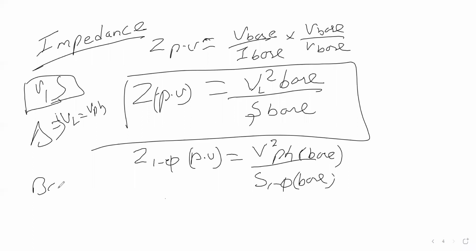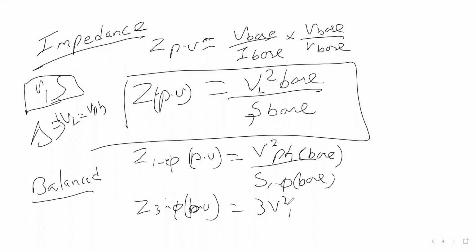this is your balanced circuit. So if it is for single phase and we are trying for three phase, we will have only 3 VPH base by your 3 single phase base, right?